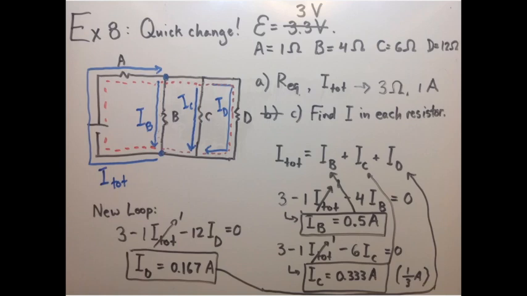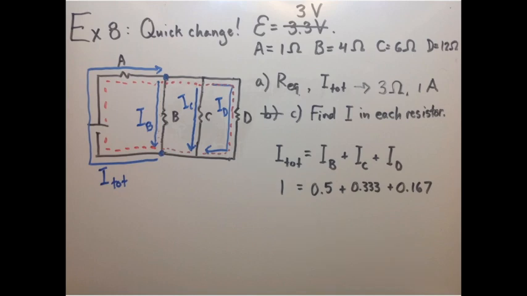Because, as you can probably see, if I take those 3 currents I solved for and I plug them back in, and I plug in my 1 amp for the total current, well, all that shows is that they add up, right? If I take 1/2 plus 1/3 plus 1/6, it is in fact going to add up to 1, which is what the total current was in the first place.